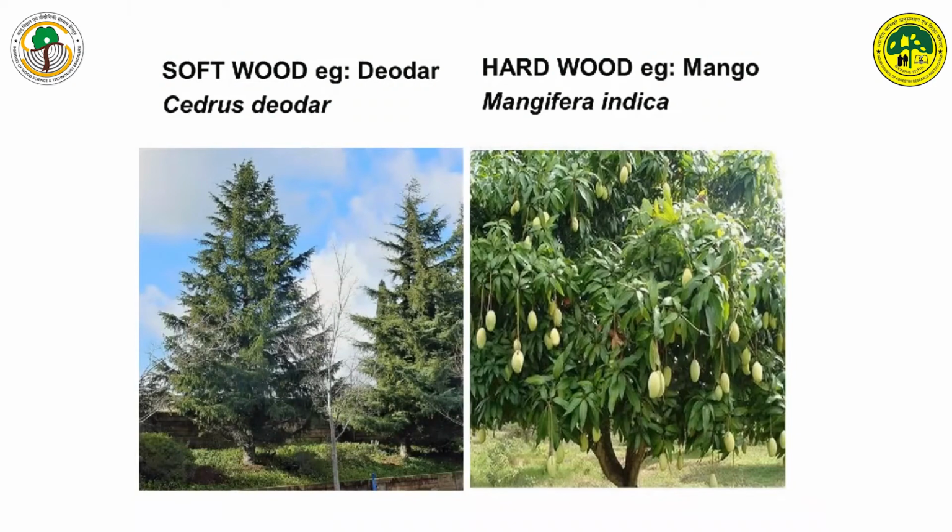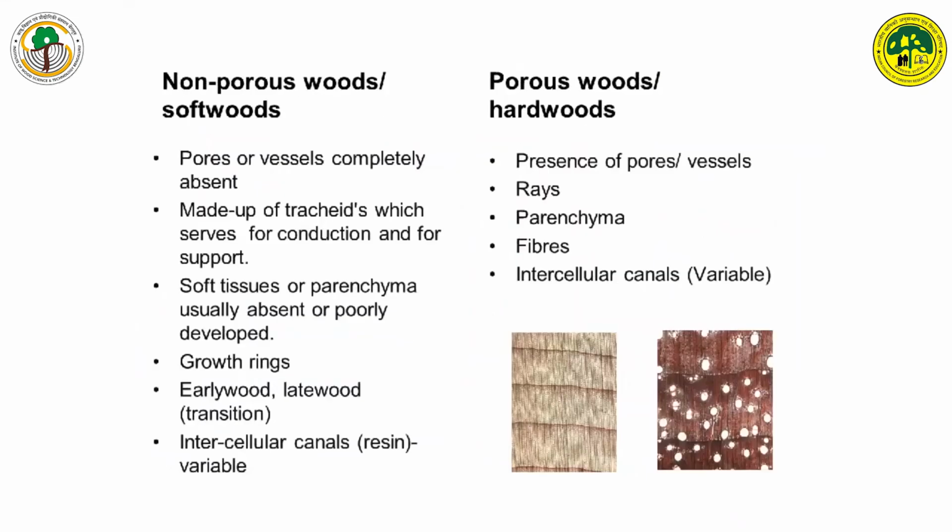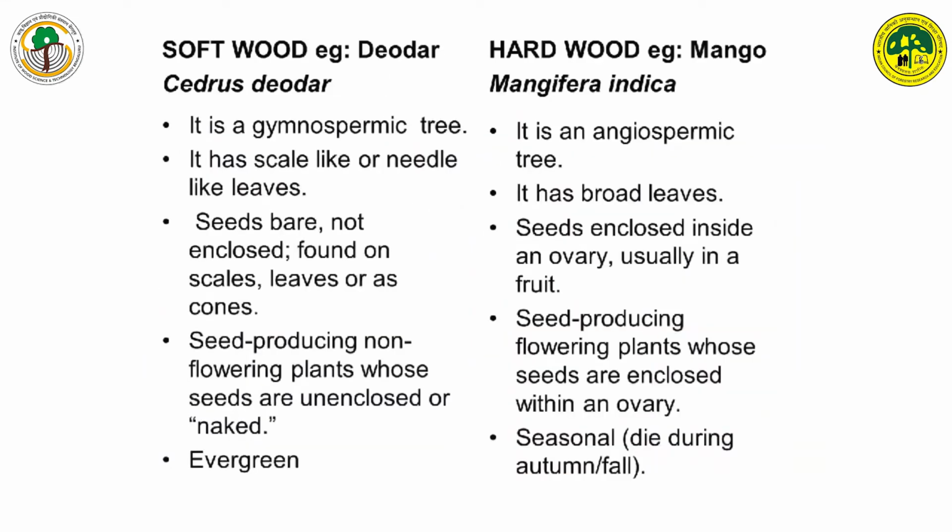The second picture belongs to the tree of hardwood. The softwood is a gymnospermic tree which has scale-like or needle-like leaves. The seeds are bare, not enclosed, found on scales, and the fruits are cones. It is an evergreen tree.